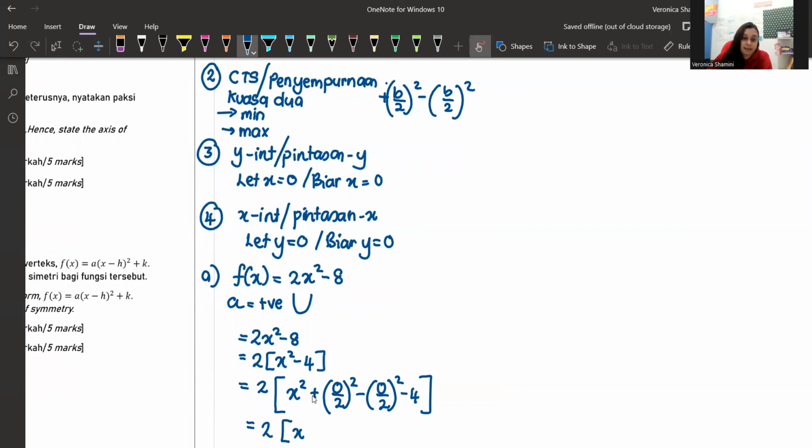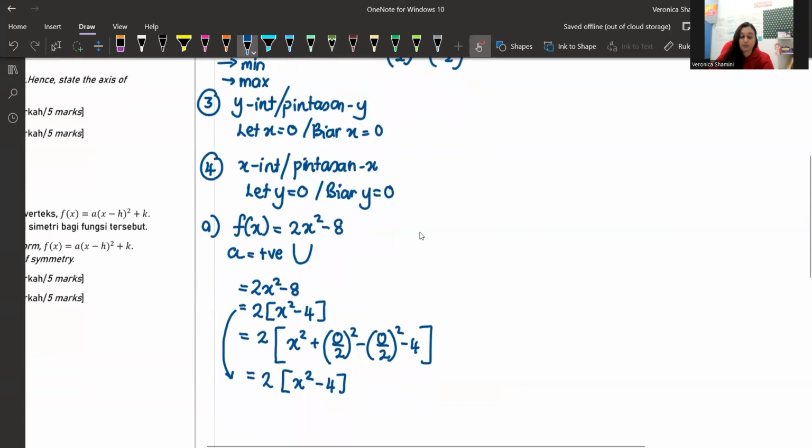You still get x square. Here 0, 0 lah. And then you still get back the same answer. Can you see? Dapat jawapan yang sama kan? So actually, you just multiply this entire thing. If you see this equation, completing the square is actually not necessary here.